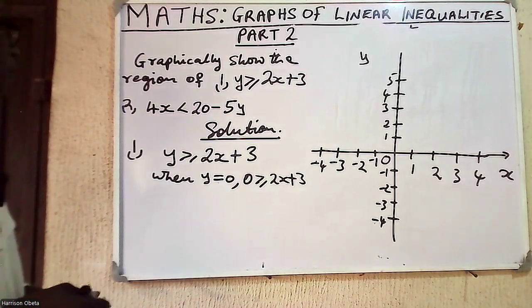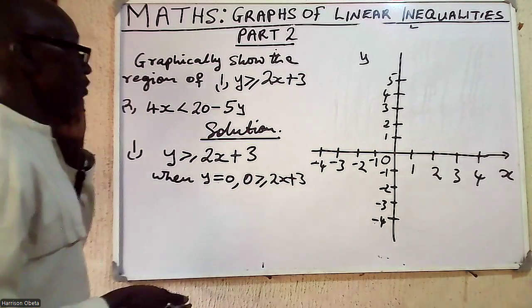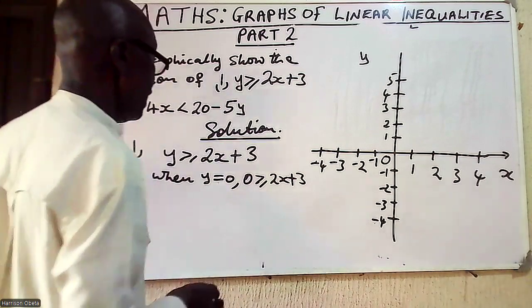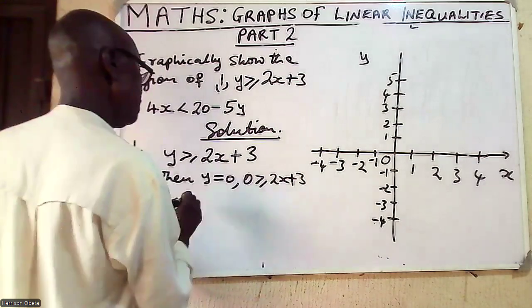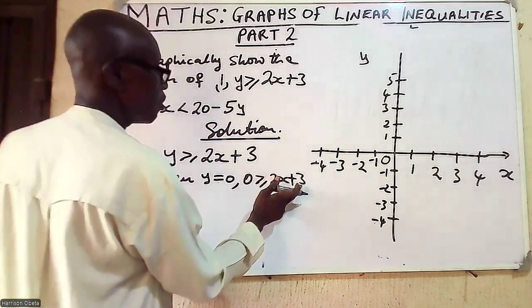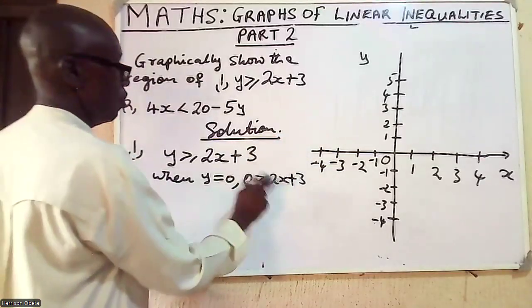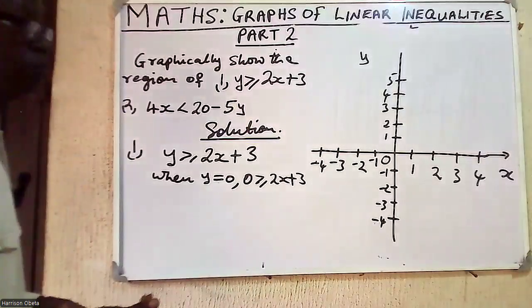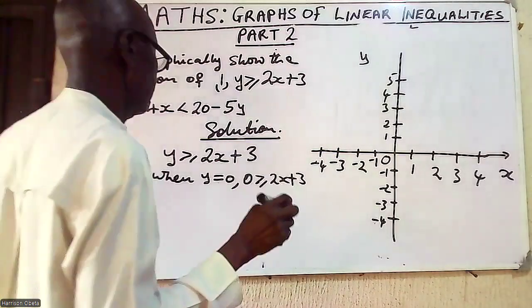Here we are looking for the value of x, so you have to bring this 3 from here to this side, and leave your x here for you to be able to find the particular point along the x-axis.